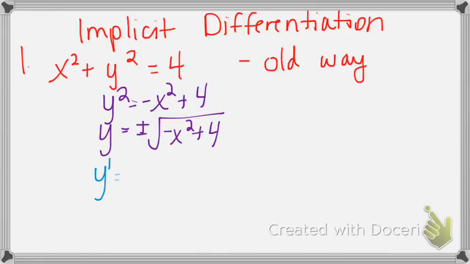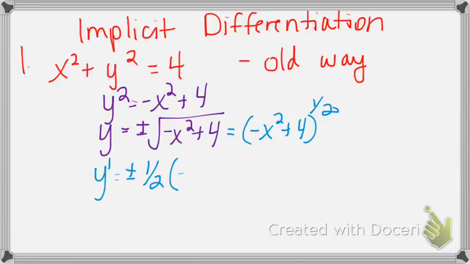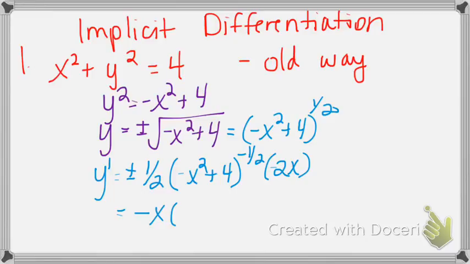That would be the same as negative x squared plus 4 raised to the 1/2 power. Still that plus or minus would be there. To the negative 1/2 power multiplied by negative 2x. So this would be the derivative sort of the old way, where we just get y by itself and then find the derivative.